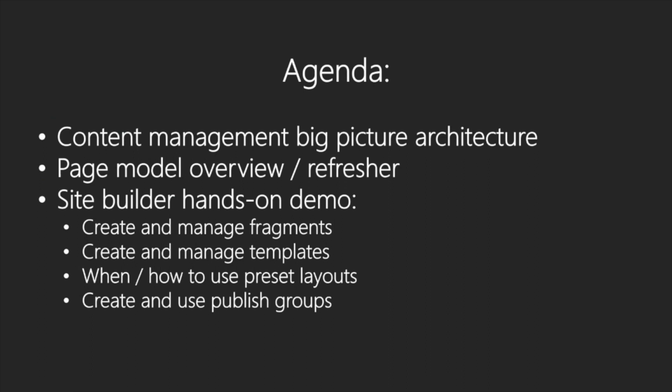Then we're going to look at what we call the page model, with a little overview refresher for folks who are either new to that or need a refresher, and talk through the different entities that come together in our content management system to create new web pages and manage those efficiently across an enterprise website.